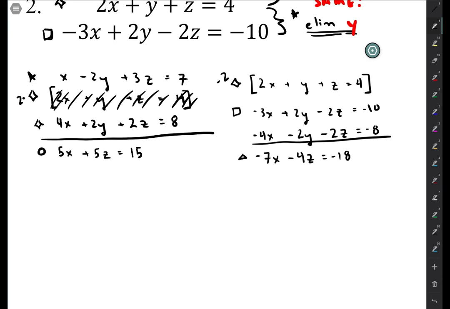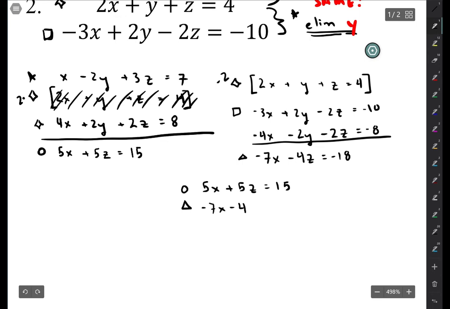Now with circle and triangle, it's just going to be a process of substitution or elimination method. 5x plus 5z equals 15, and negative 7x minus 4z equals negative 18.